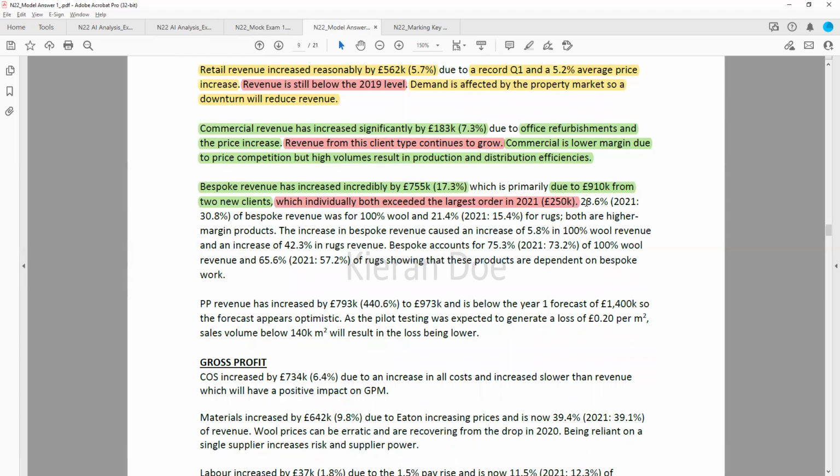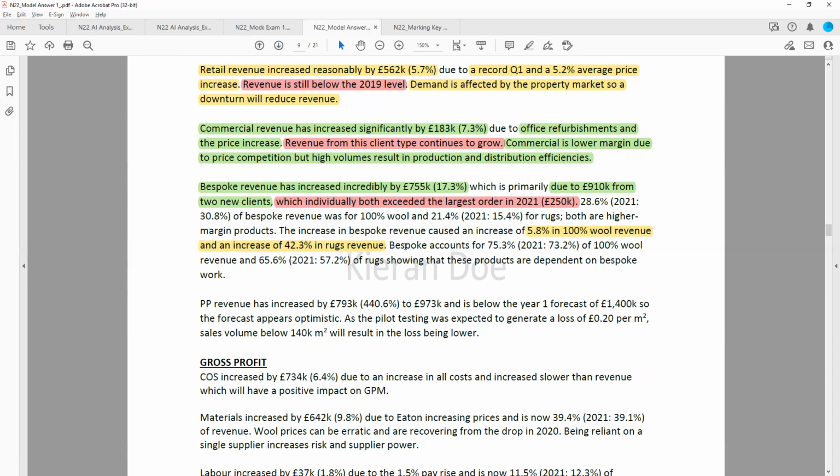And therefore we could see that the percentage that was for wool had actually gone down slightly, but it increased for rugs. And these are both higher margin products. So actually the increase in bespoke caused an increase in wool revenue and an increase in rugs revenue. So not only have we done some further analysis of bespoke, but we've also brought in the increase by product type in here as well.